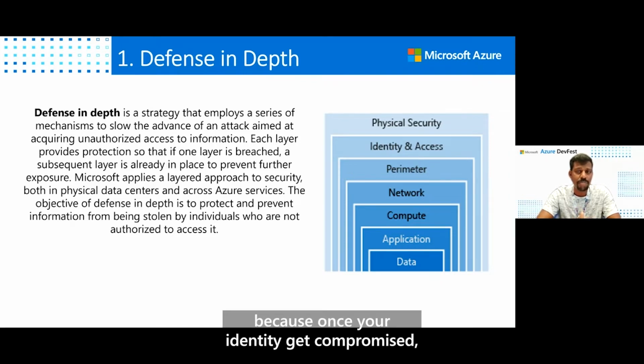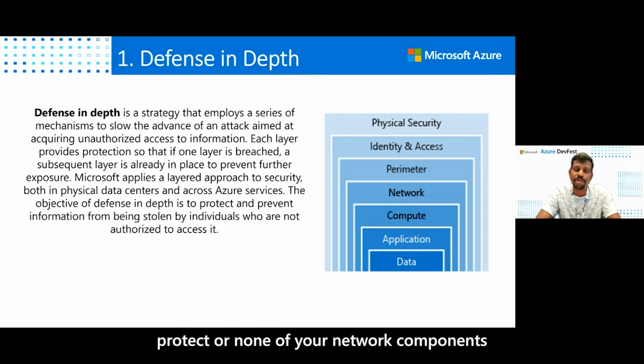Once your identity gets compromised, attackers can use this identity and log into your system as a legitimate user, right? And none of your network components is going to prevent this access. So identity is more critical, and we have to pay attention to it.